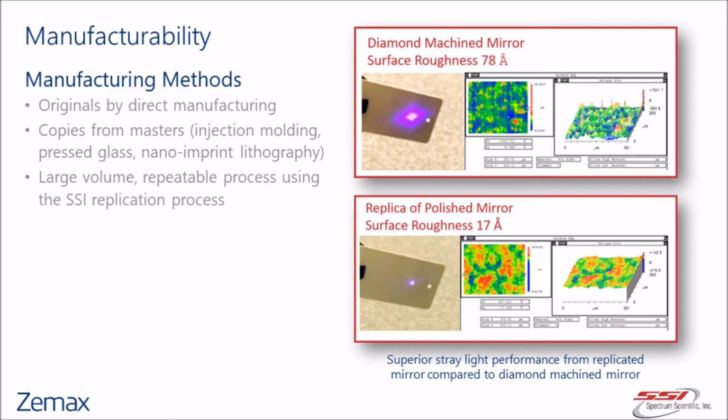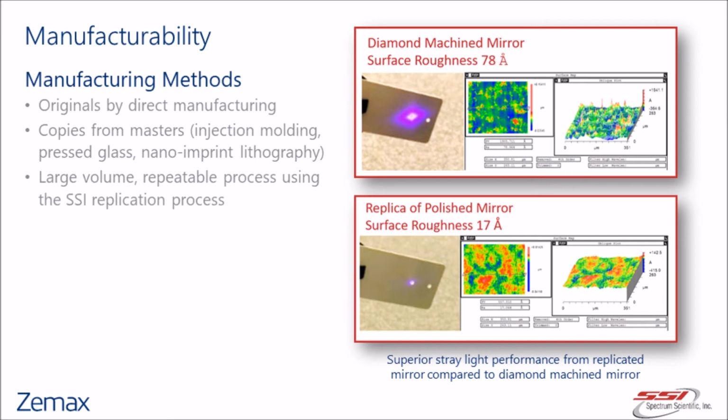There are also manufacturing methods such as injection molding, pressed glass, and nano imprint lithography, but these are really more suited to lower quality optical systems, which makes them of limited use in precision volume manufacturing. Then there's the replication process that Spectrum Scientific uses, which is similar to nano imprint lithography and can be applied to glass or metal, and with both curved or flat shapes, and suited for both high volume and high precision requirements.